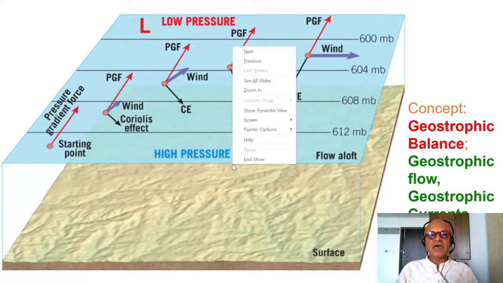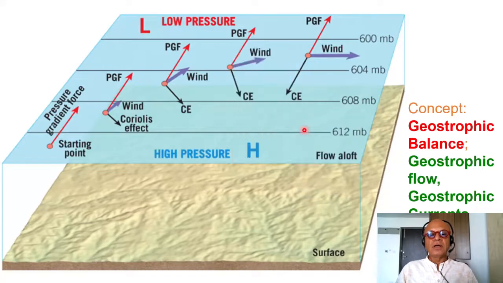Let's just say we have high pressure and low pressure arranged this way. So we're going from 612 millibars, and there are various ways pressure is measured: hectopascal, millibar, and other units that I won't get into.